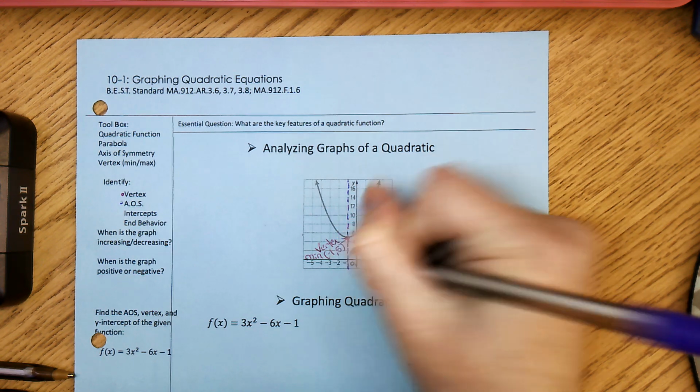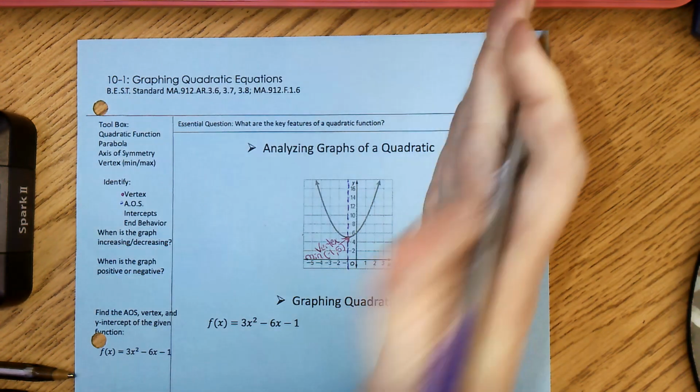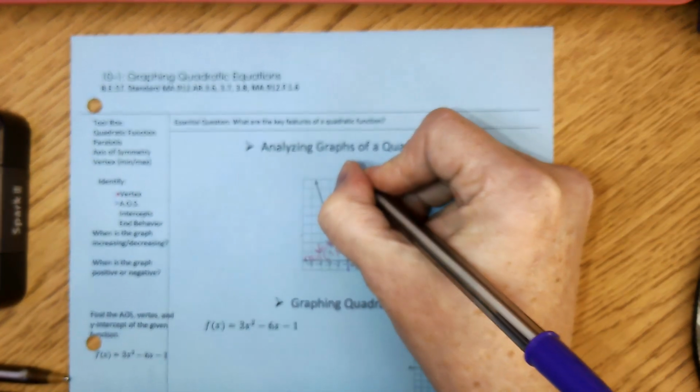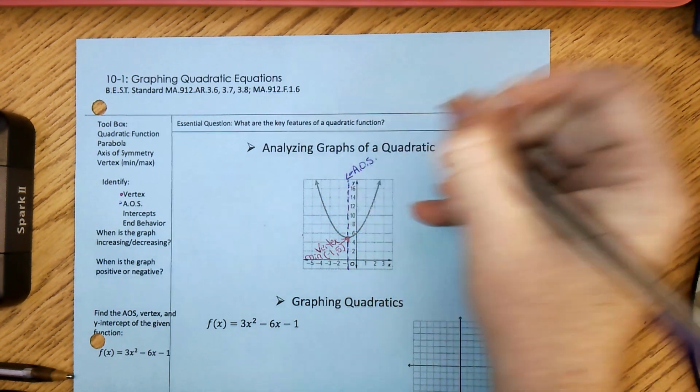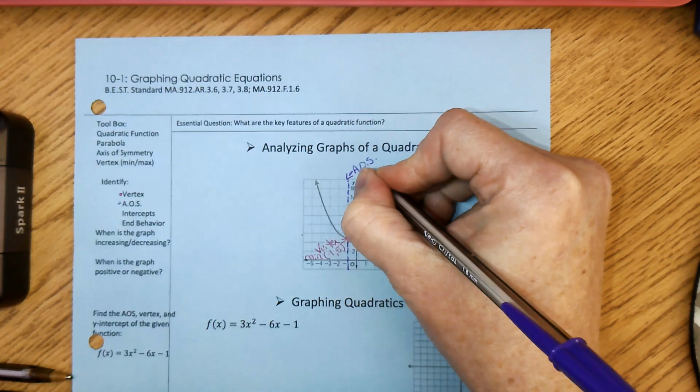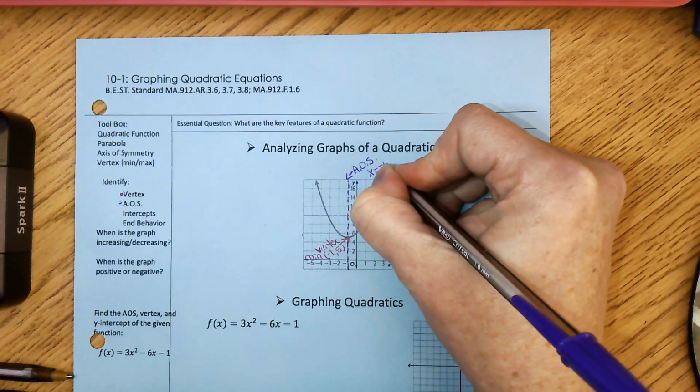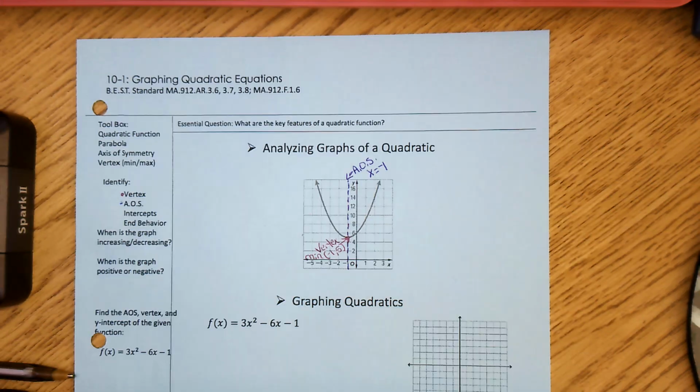And this is where you could fold it in half and your right side would match your left perfectly. So this is your AOS. And your AOS is where x equals -1.